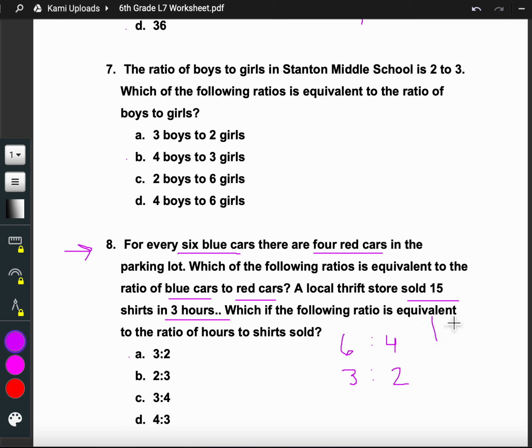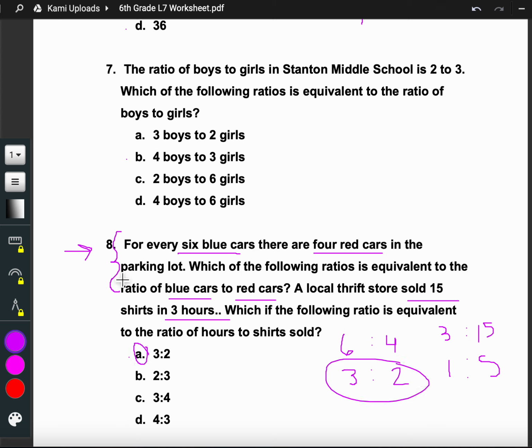And if we look at the 15 one, ratio of hours. Oh, see, I made a mistake myself. Ratio of hours. So 3 to 15. So both of them are divisible by 3. So this one would be 1 to 5. But the answer choices are only for the first part of the question, so we're going to select 3 to 2.